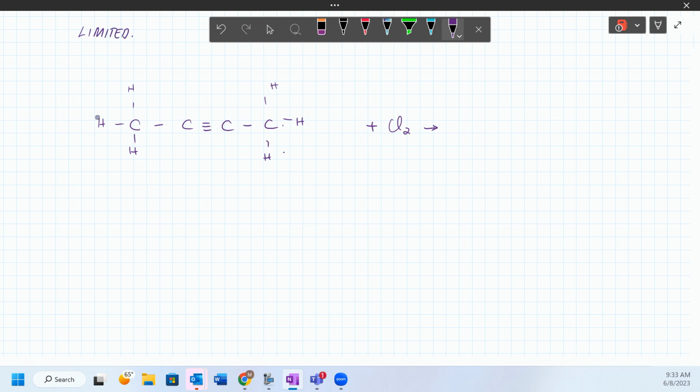So we are saying that it is limited, which means that one of the bonds will be broken, making it possible to have two bonding capacity available.